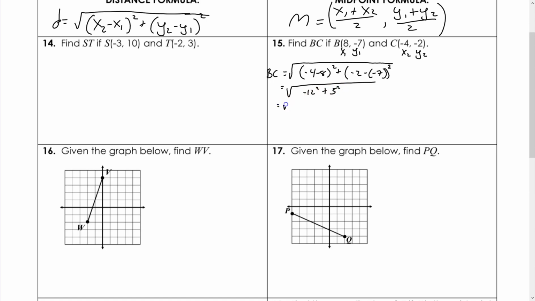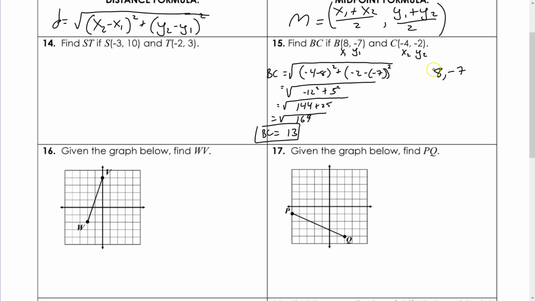So that is now the square root of 144 plus 25. So the square root of 169. And the answer to that is 13. So BC equals 13.